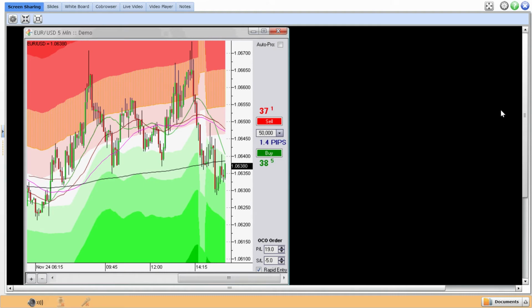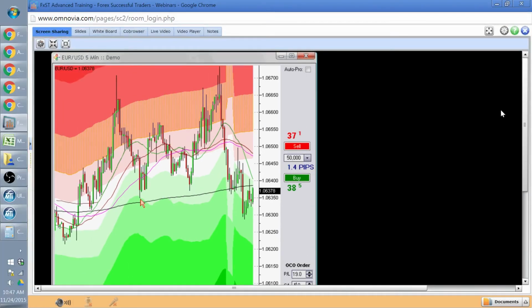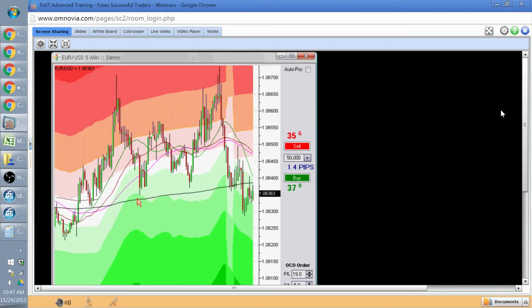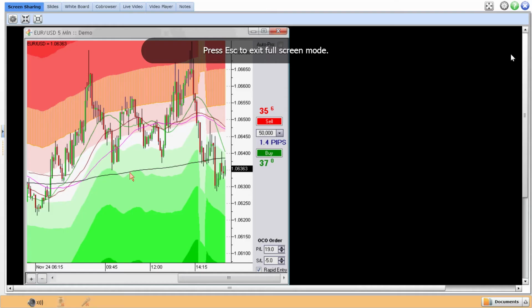So that's a good question as far as scaling into a trade. I could take a half a position here and then take the other half at that level, but lately I've been executing a full position at the level.